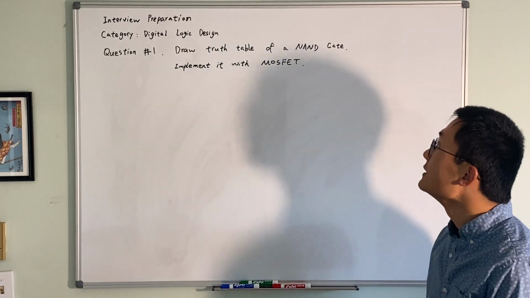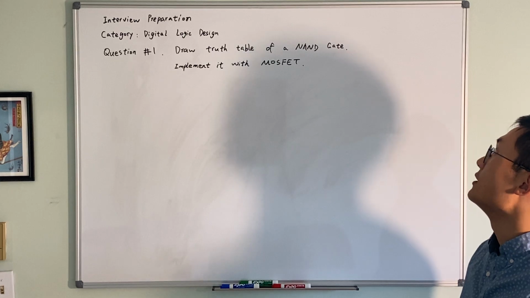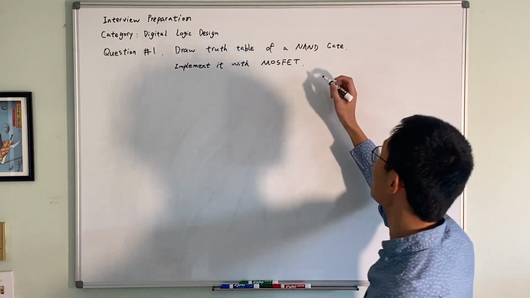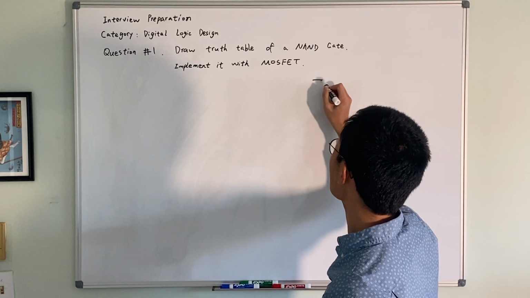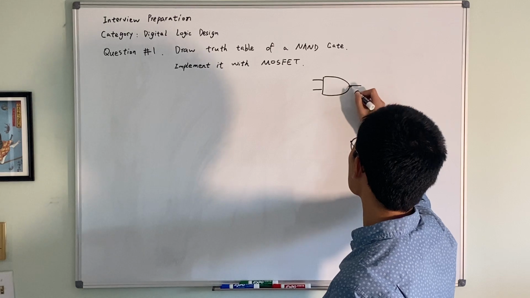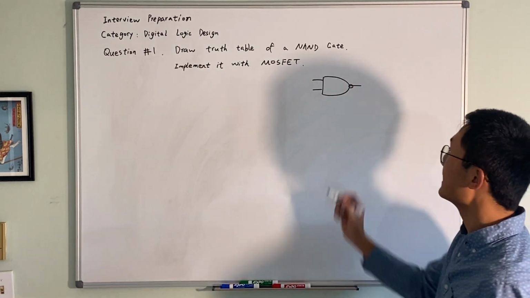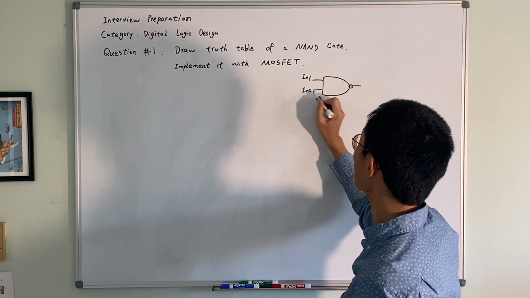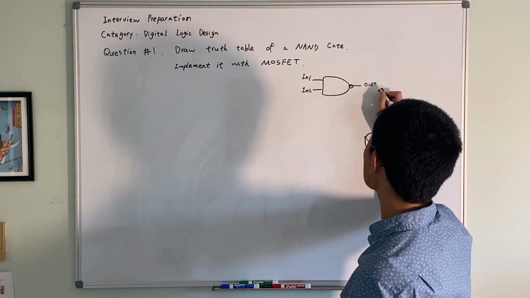So, question number 1. Draw the truth table of a NAND gate and implement it with MOSFET transistors. So this is the symbol of a NAND gate. We have two inputs, we call input 1 and input 2, and one output.